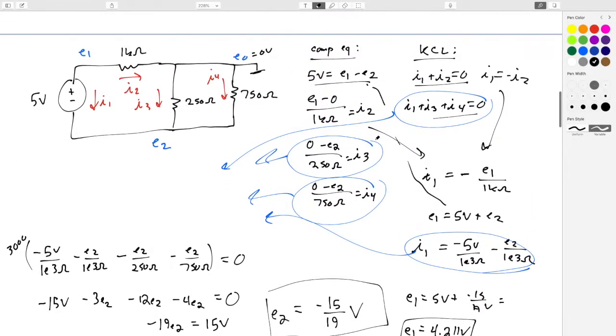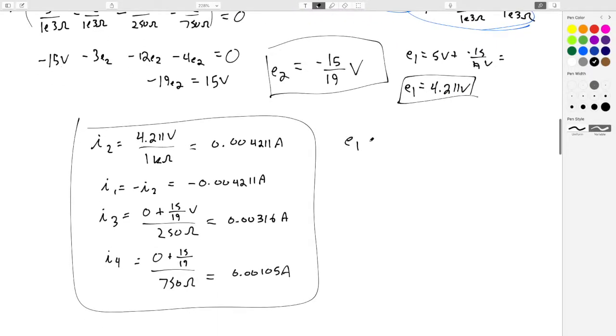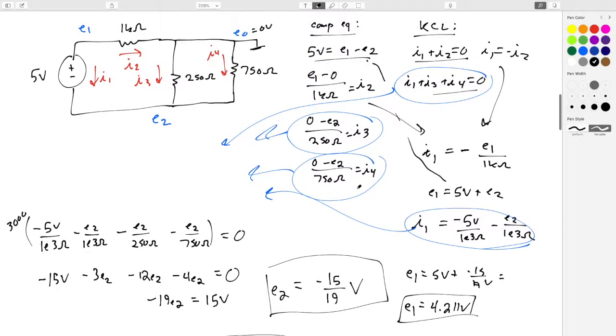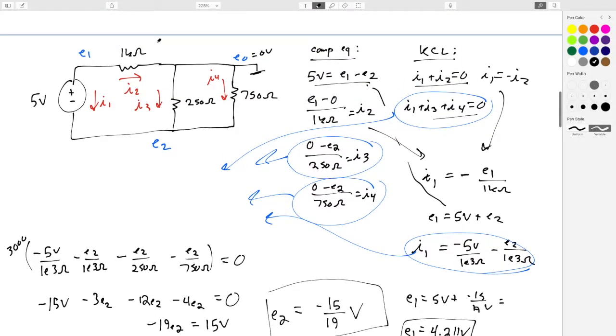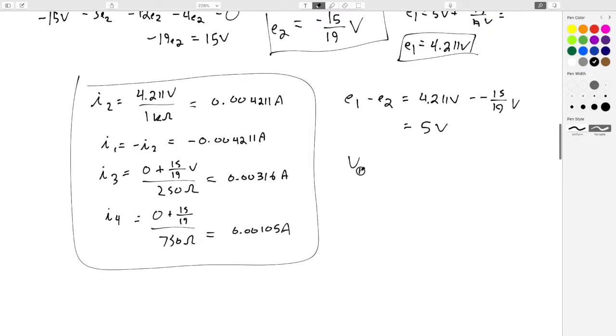In big picture, what is this saying again, right? The voltage across our 5 volt source, E1 minus E2, should equal what? 4.211 volts minus negative 15 over 19. If you do this math out, it ends up being 5 volts. Awesome. The voltage across the 1 kilo ohm resistor, that's going to be E1 minus 0. So what is E1? E1 is 4.211 volts.